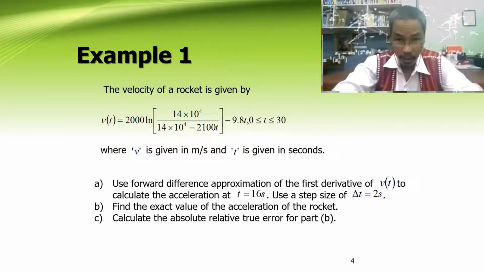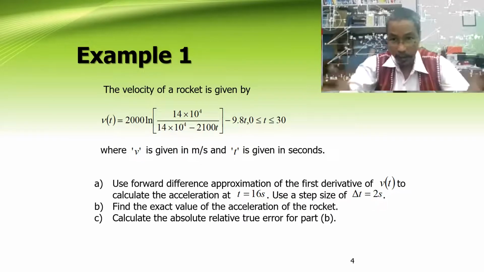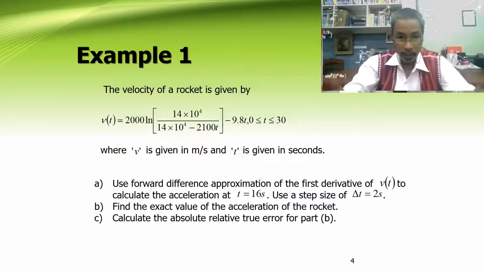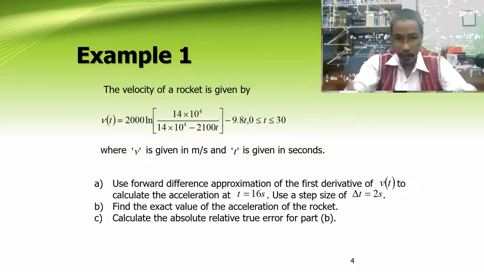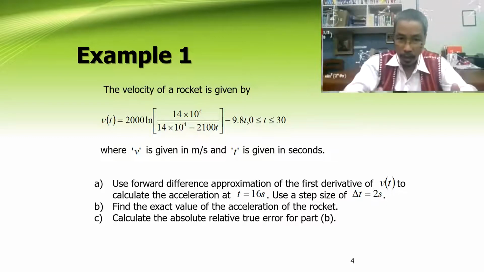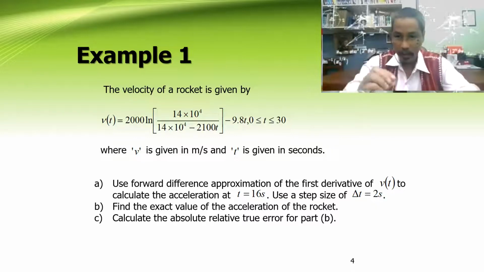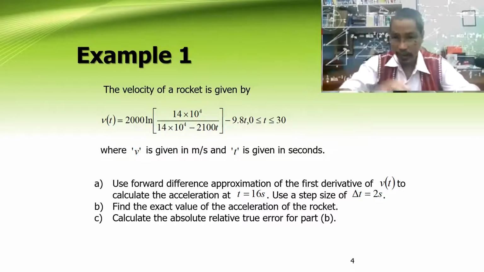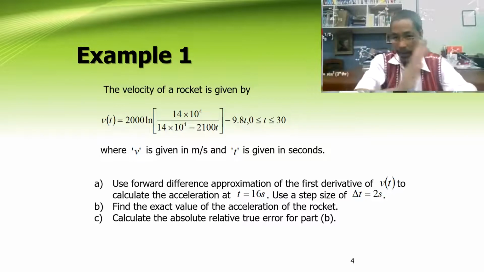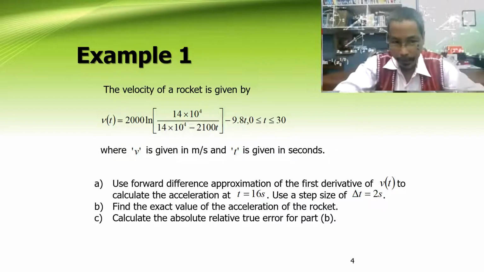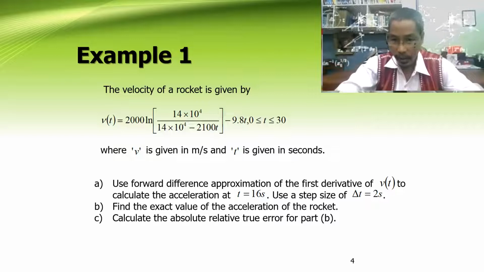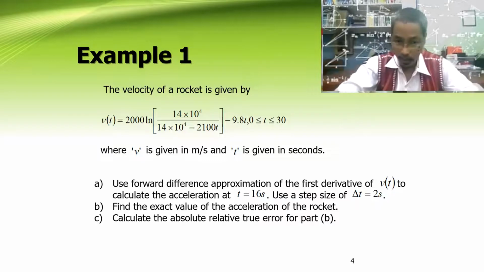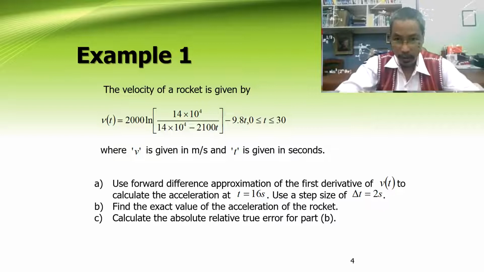So that is the function, wherein the valid domain is t from 0 to 30, including both 0 and 30. Okay, that is the domain, where v is given in meters per second and t is given in seconds. Therefore, t is representing time.